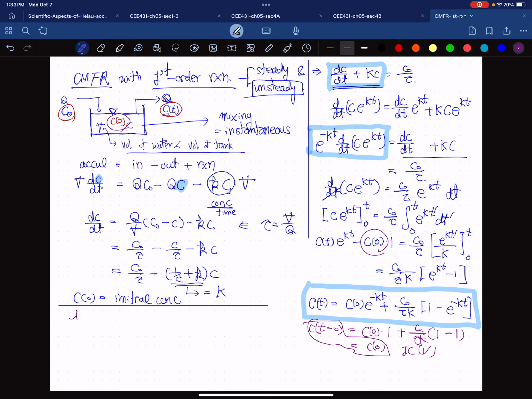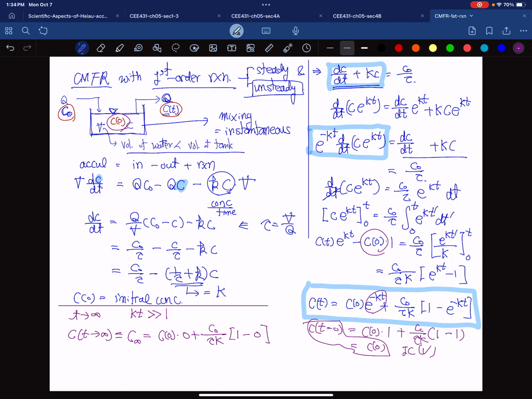If t goes to infinity, in other words, k times t is much greater than 1, then you could say c at t going to infinity, you can just denote this as c sub infinity, equals initial concentration times 0, because this term is very small, plus c0 over tau k times 1 minus 0.